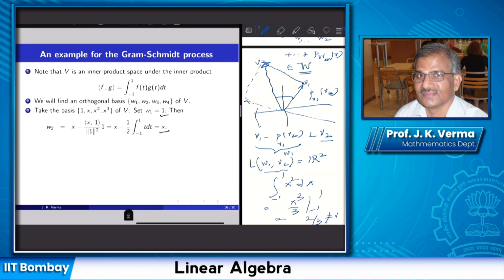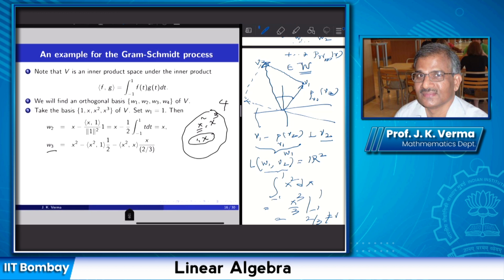Now let us look at W3. 1 and x span a 2-dimensional space in this 4-dimensional space, and outside this there are x square and x cube. So we now take x square, and I want to produce 3 mutually perpendicular polynomials.